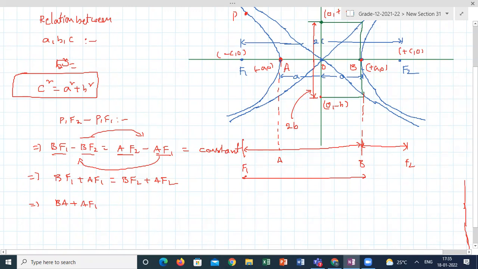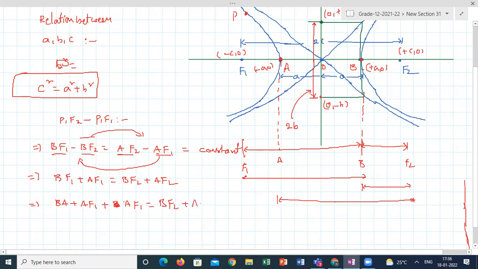So BA plus AF1 plus AF1 is equal to BF2 plus AF2.